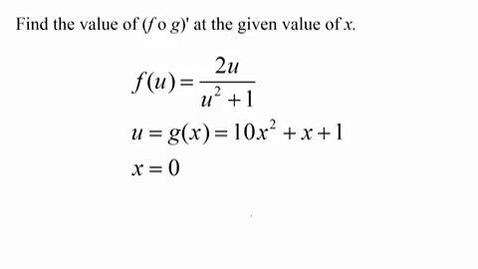Find the value of (f of g)' at the given value of x. Let's say that we're given that f of u is equal to 2u over u squared plus 1. We're also given that u, which is the same as g of x, is equal to 10x squared plus x plus 1, and we want to evaluate all of this at the x value, x equals 0.